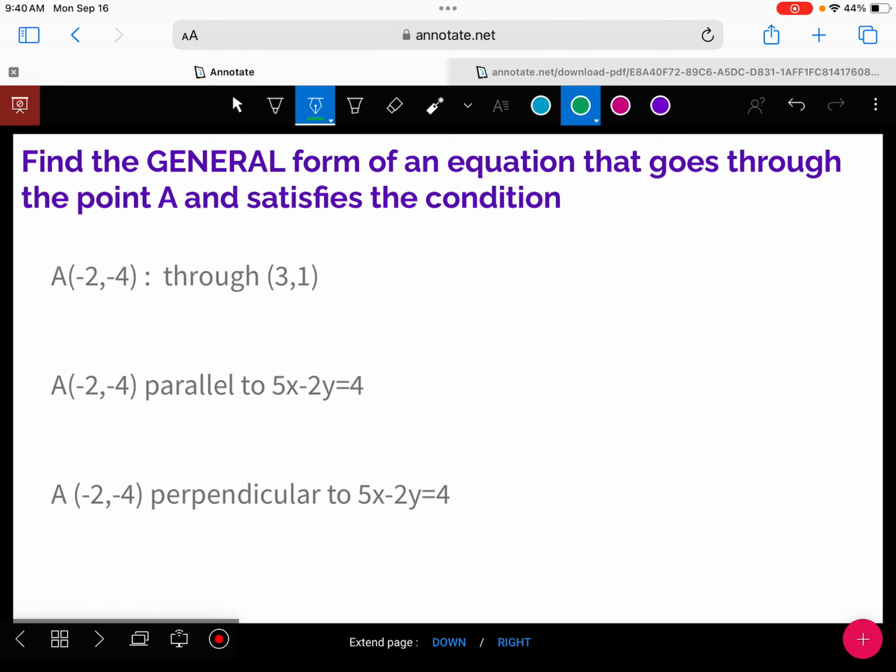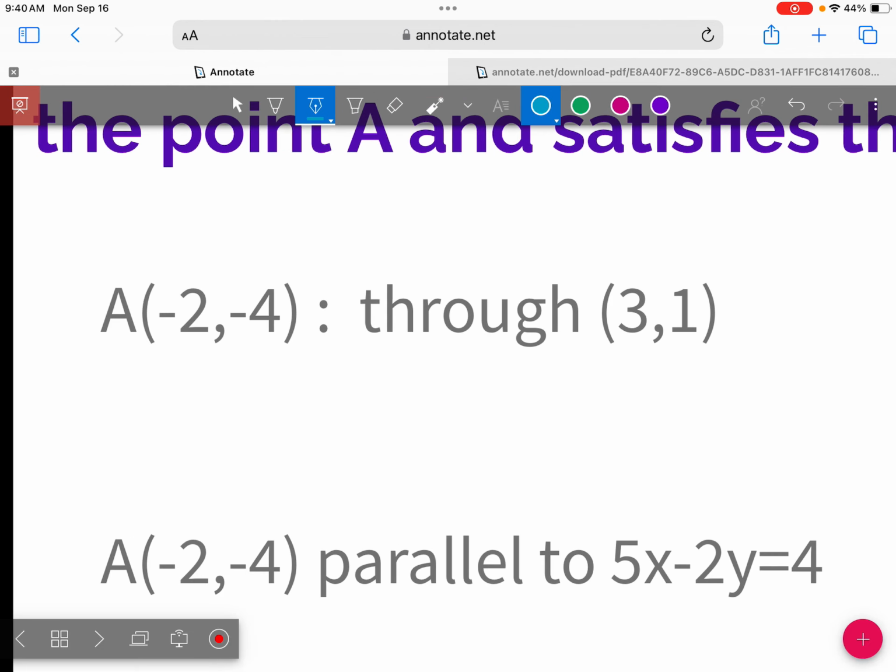How are we going to find our slope? The difference in the y's over the difference in the x's. The change in the y over the change in the x. That's how we find our slope. So what are we going to do? Ooh, careful, careful.